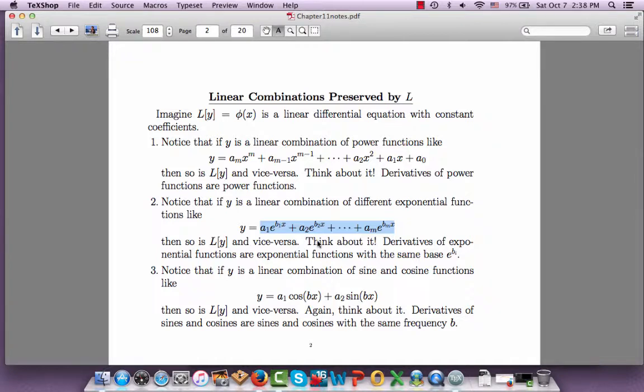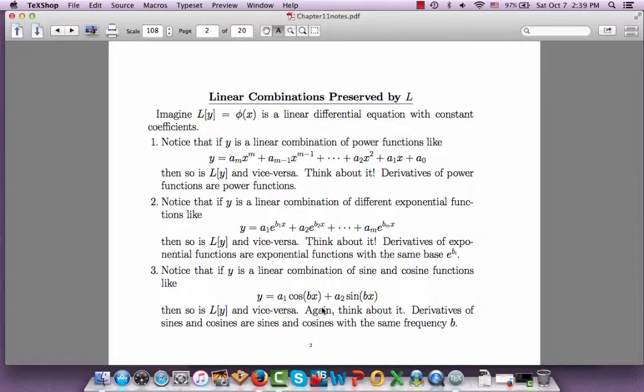And in the last case, we could have a trig function like a sine or cosine. We could just have one of them, or we could have some combination of two of them like we have here at the bottom. So if you have y as some function like this, imagine what happens when you differentiate y. You're going to have to use the chain rule. So the constants in front of the sine and cosine are going to change.